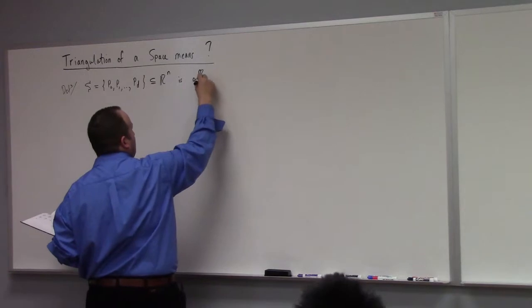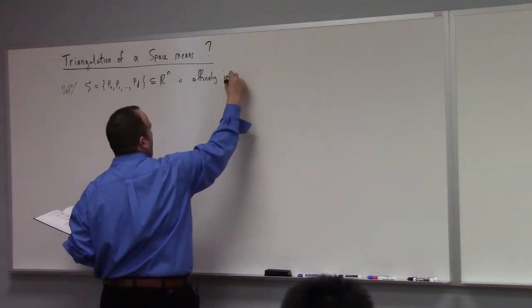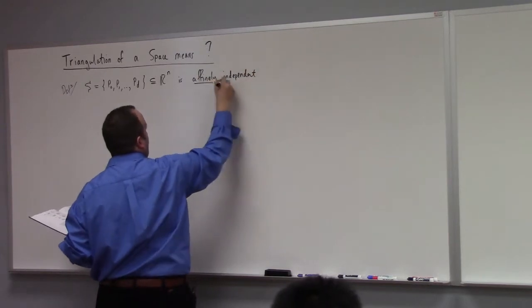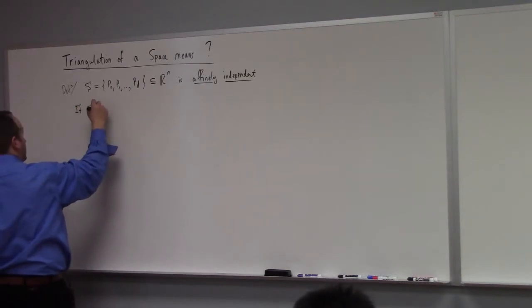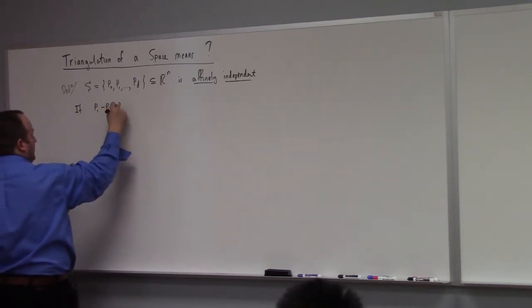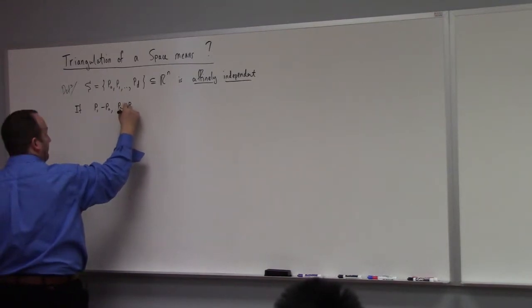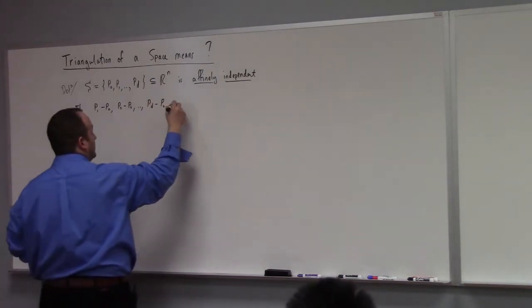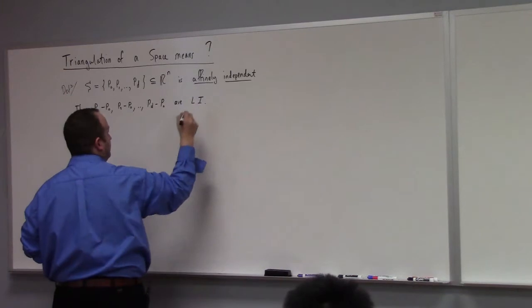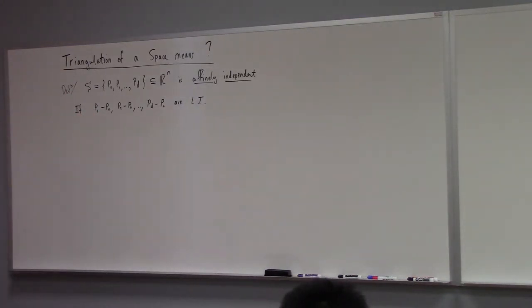It is affinely independent if P1 minus P0, P2 minus P0, ..., PD minus P0 are linearly independent in the usual sense of vector spaces. So a set of points is said to be affinely independent if the differences between everything and the first point give you a set of linearly independent vectors. This is a so-called affinely independent set of points.